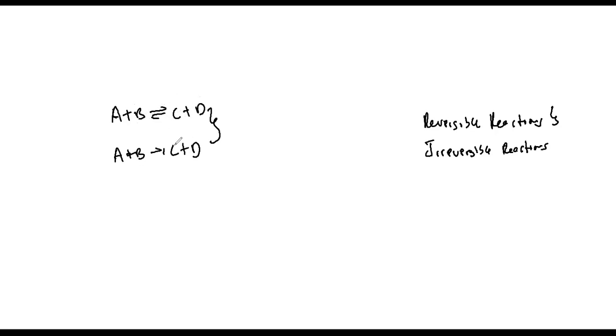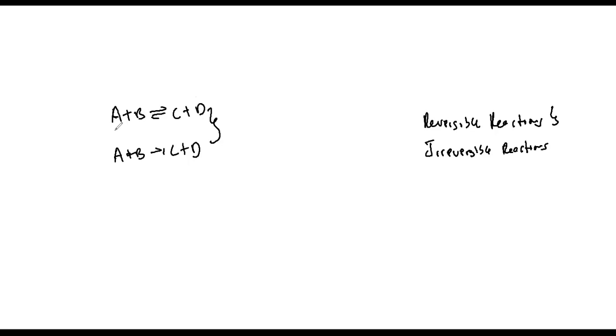So it means that A plus B, when it reacts, can give us C plus D. And when C plus D reacts, it can give us A plus B. That is a very good example of a reversible reaction. Reversible simply means something that can go in the forward direction and also in the backward direction.